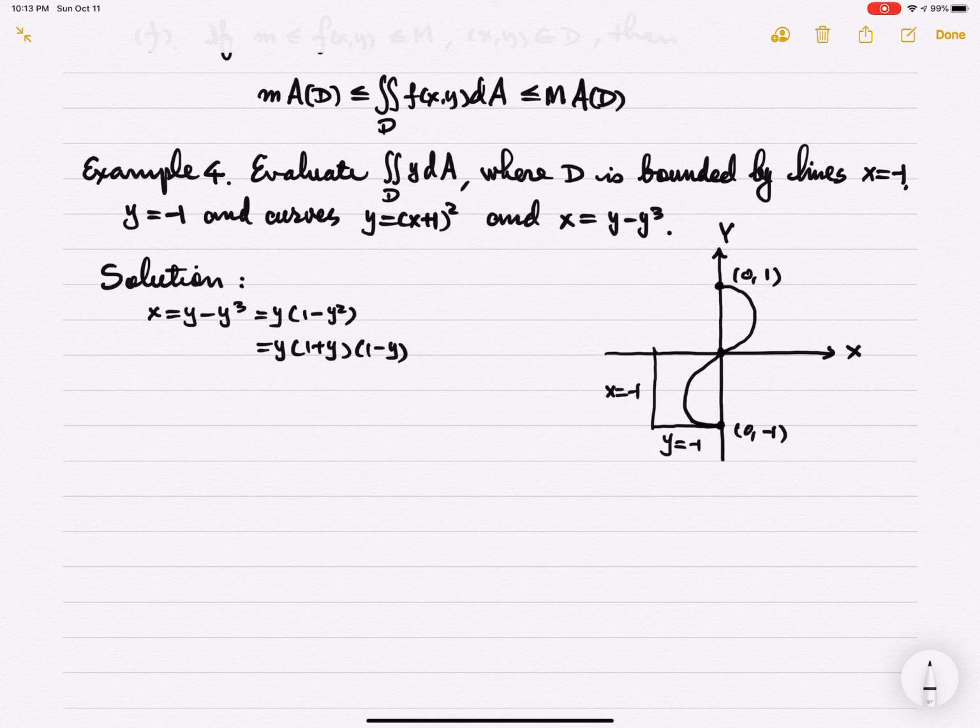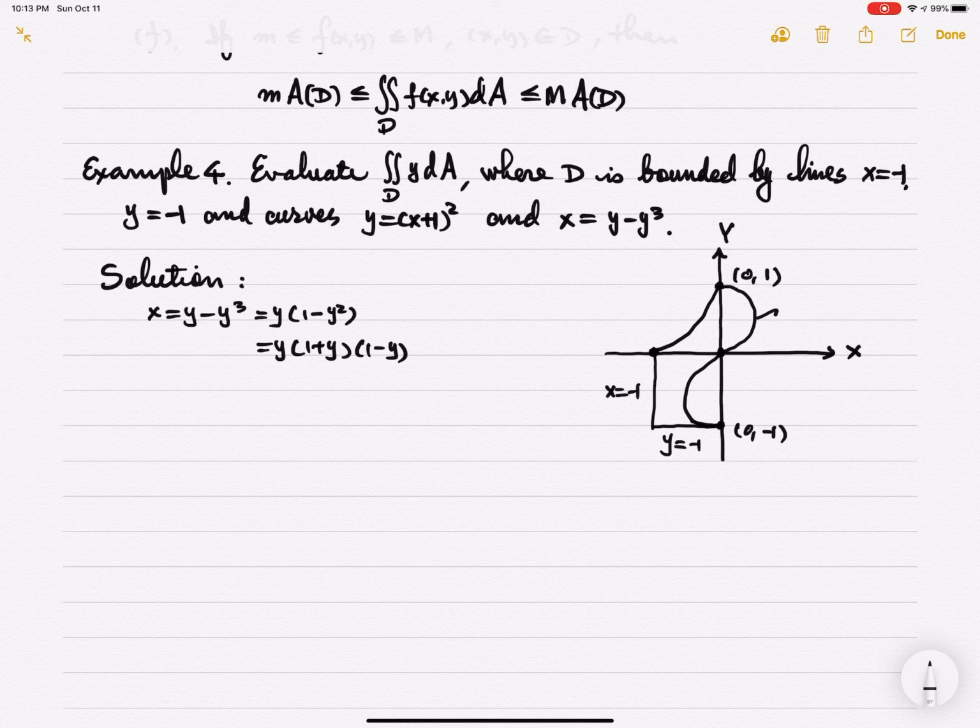Now, you see, y equal to (x plus 1) squared is a parabola. When x equal to negative 1, y equal to 0. When x equal to 0, y equal to 1. So that means the parabola is like this. The axis of symmetry is x equal to negative 1.